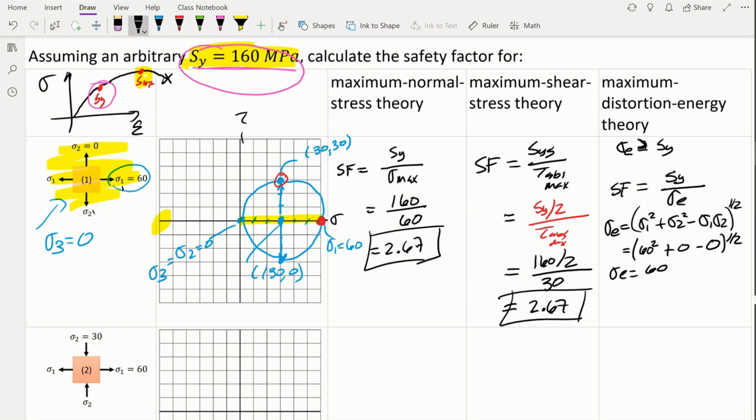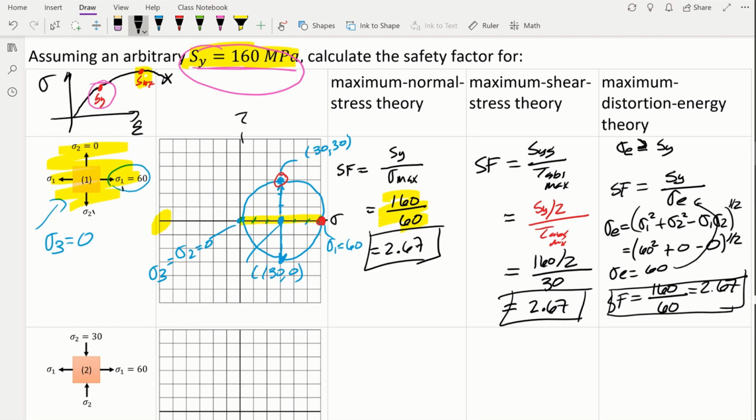We can go ahead and substitute this value in this equation, right? So the safety factor becomes the yield strength, 160 divided by 60. And we calculated that number before, right, from the max normal, and that gave us 2.67.